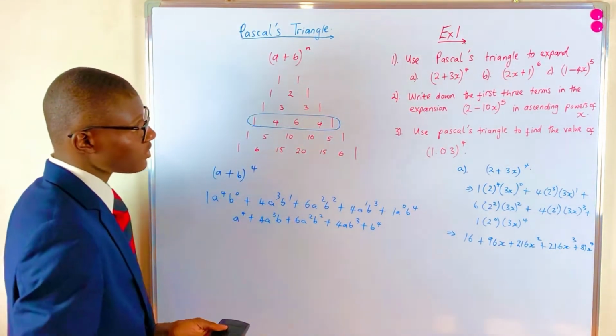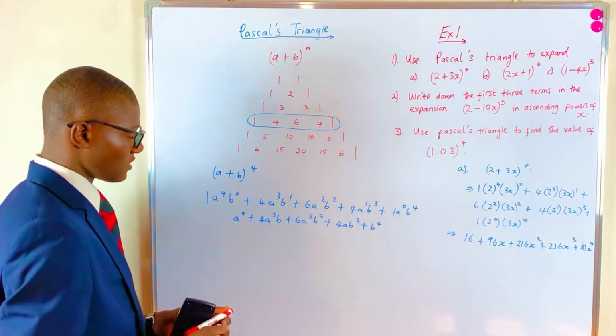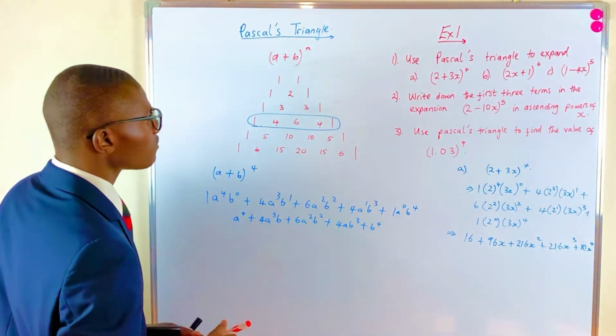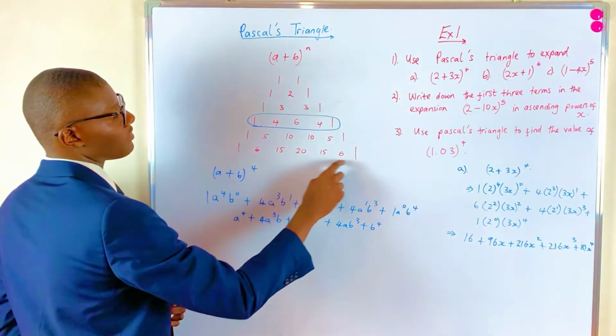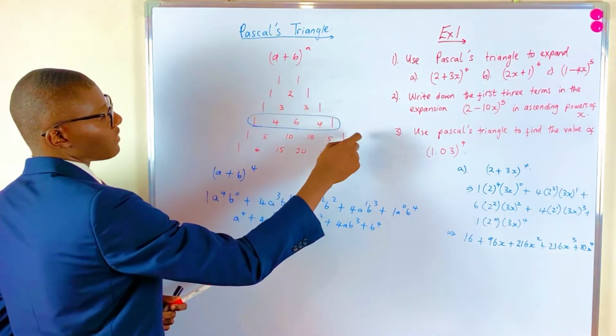The second says (2x + 1)^6. So now to the power of 6, it means we need these coefficients: 1, 2, 3, 4, 5, 6.